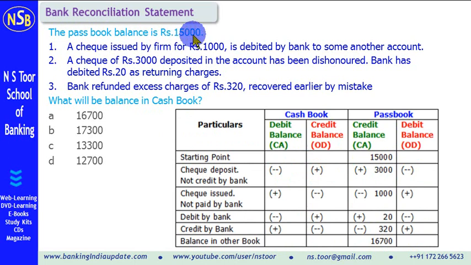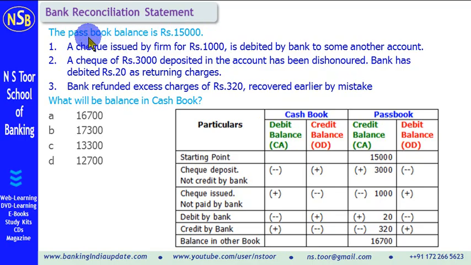Passbook balance 15,000. So passbook can have debit balance, passbook can have credit balance. If nothing is mentioned in the passbook, it is always assumed to be credit balance. And in cash book, it is always assumed to be debit balance. So we always take current account as an example when nothing is stated.